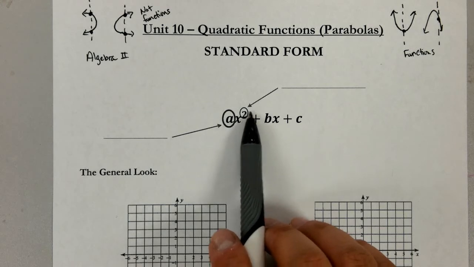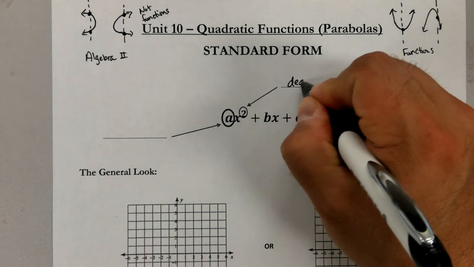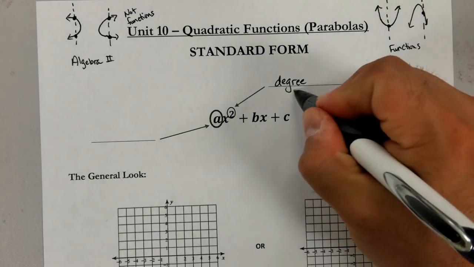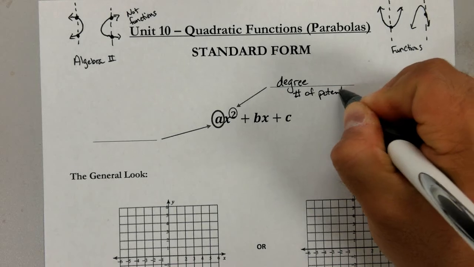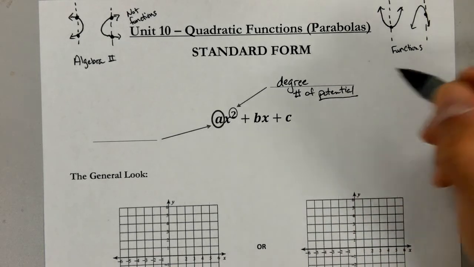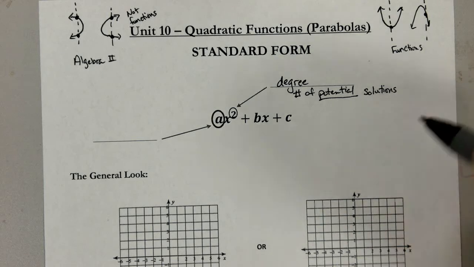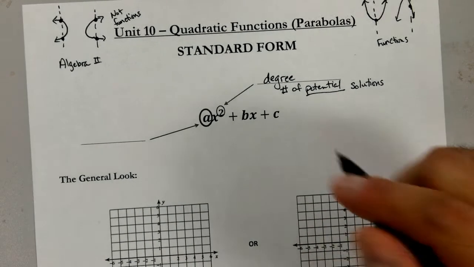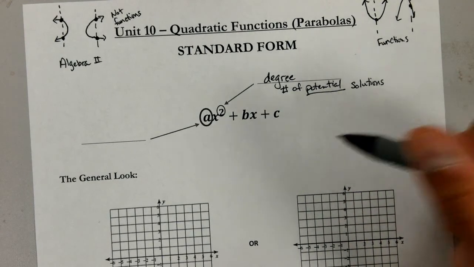This is an exponent, but another term for this is a degree. That means this exponent tells us the number of potential, and I want to underline that word, potential solutions. What I mean by that is this equation could have up to 2 answers, up to 2 solutions, and I'll explain what they look like and how to solve them shortly.